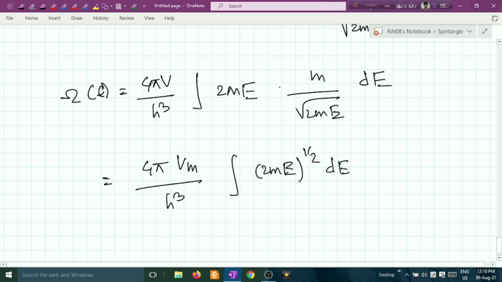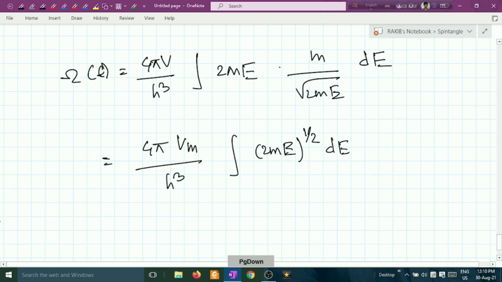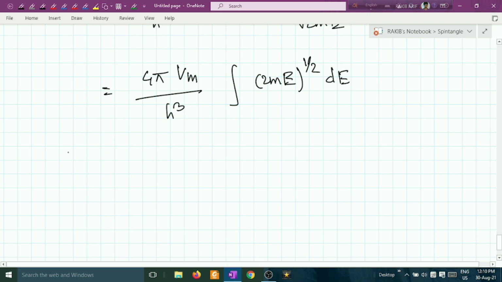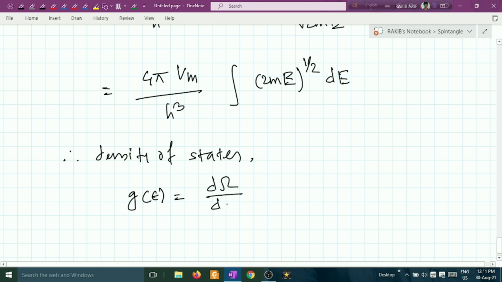Now, density of states will be what? Density of states means number of microstates per energy interval. That becomes g(e) equals d omega upon de, the first derivative with respect to e.